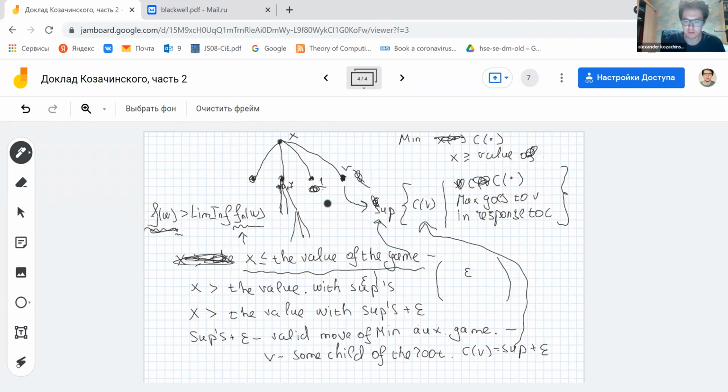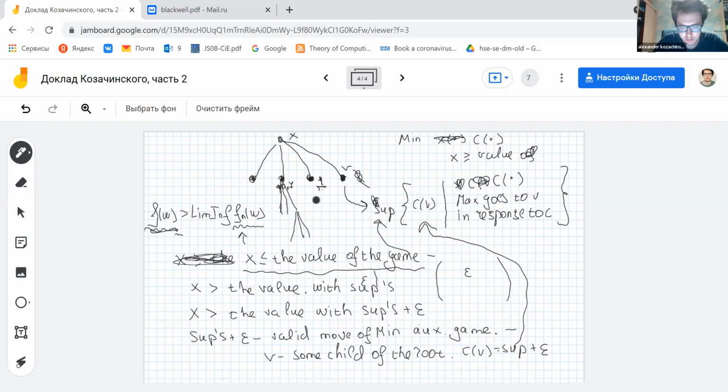Still X will be greater than the value of the game, since we don't increase some of the entries of the matrix at all. But how do we then obtain a contradiction? Assume that the contradiction is that it is impossible to go to a child to which min assigns 1. Why?